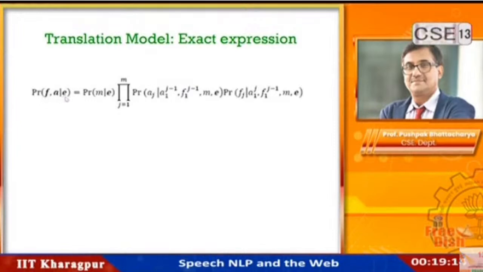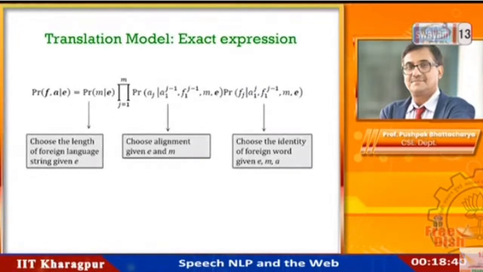Now P(F, A given E) itself can be written as probability of M given E, where M is the length of the French sentence, and the product for J going from 1 to M of probability of AJ given A1 to J minus 1, F1 to J minus 1, M, E, and probability of FJ given A1 to J, F1 to J minus 1, M, E. This is an exact expression.